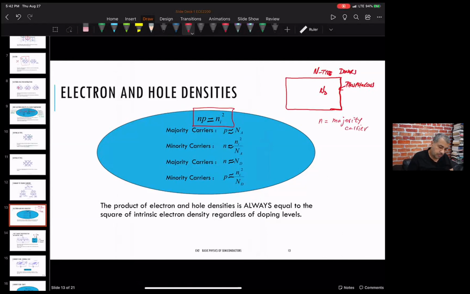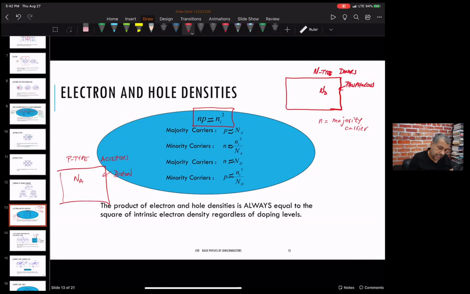Now I'm going to put in a P-type material here. If you have a P-type material, you've doped it with acceptors, say for example boron, and N sub A is the density of boron implant per centimeter cubed.